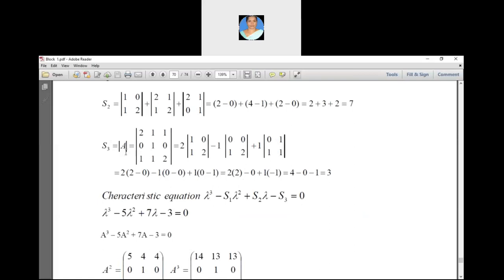Now you take our characteristic equation and substitute each value of S1, S2, S3. S1 is 5, S2 is 7, S3 is 3. So that is lambda cube minus 5 lambda square plus 7 lambda minus 3 equal to 0.